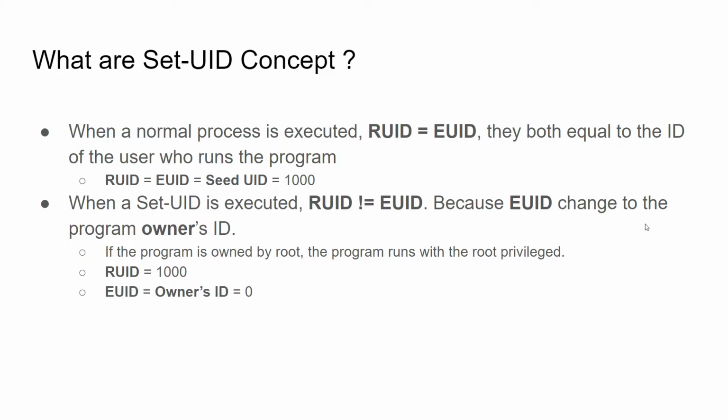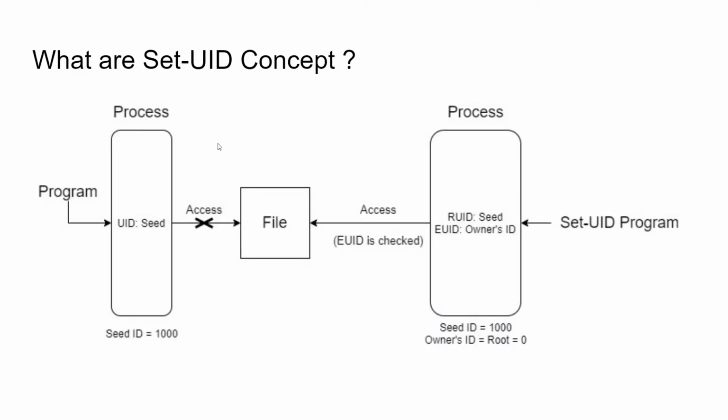When a Set-UID process is executed, the effective UID is no longer equal to the real UID. It changes to equal the program owner's ID. If the program is owned by root, the program will run with root privilege, whose UID is 0. A normal process has effective UID equal to real UID equal to the seed ID, 1000.